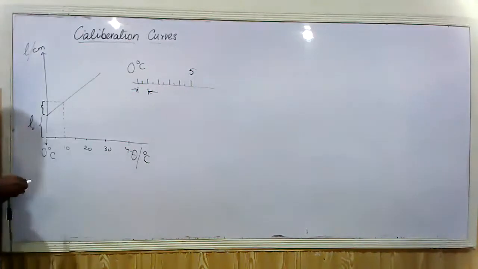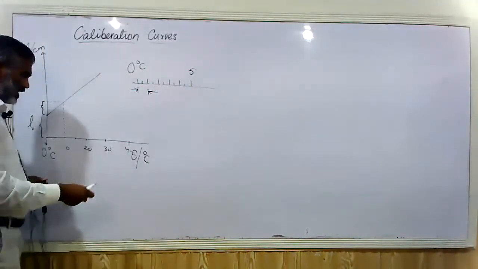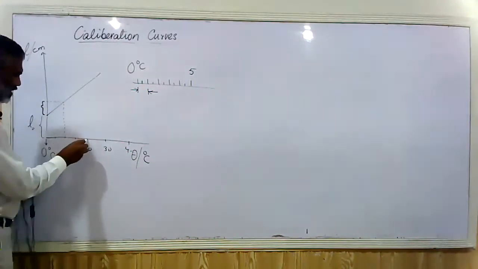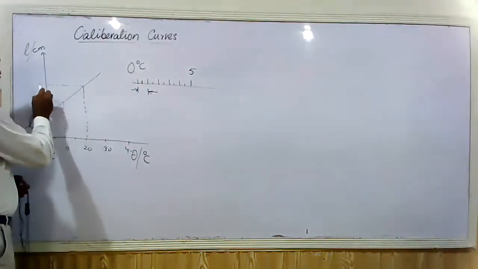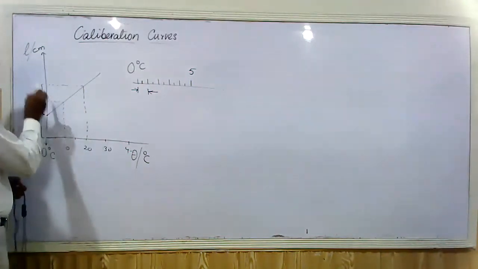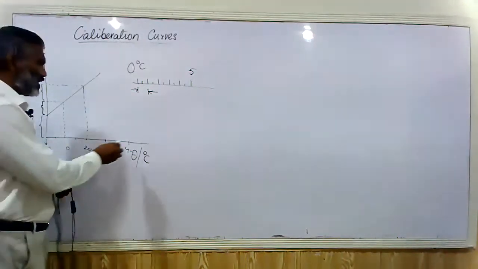But is it the same increase in the next 10 degrees Celsius? I mean, in the next interval, what is the change in length? And we observe that it is the same increase in length again. This means the change is linear.